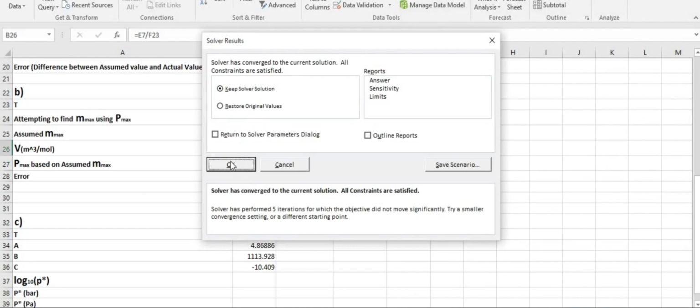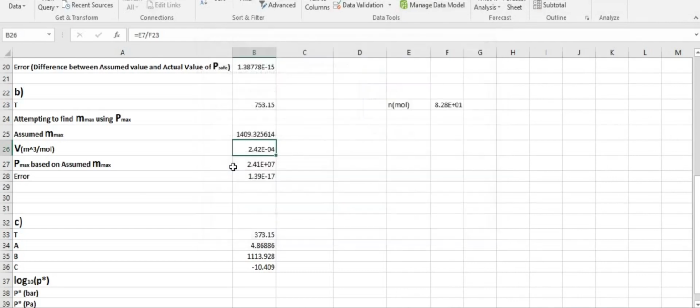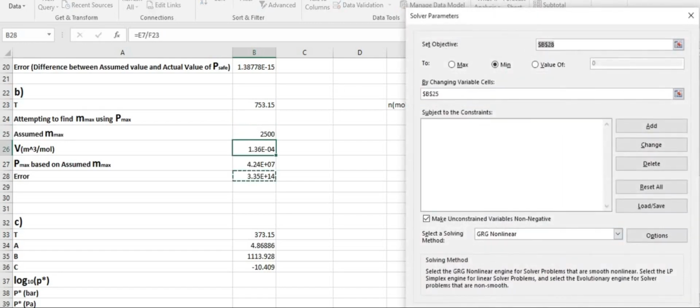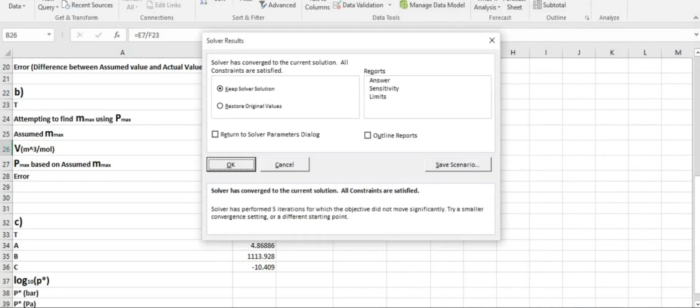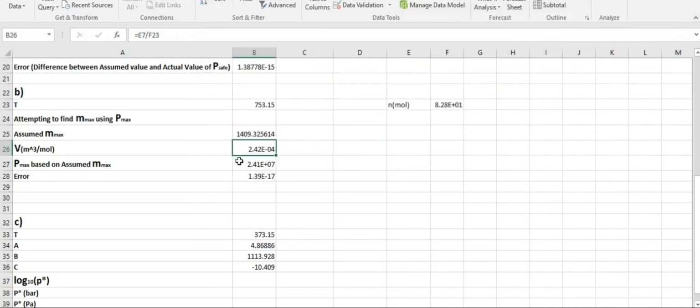Interestingly, solver gets a value that's computed for you. To verify your answer, you can check another value of assumed mass, and if it gives you the same value, you'll know that you are actually on the right track. So if you change this to 2,500 and you enter, you still follow the same path. It still gives you the value of 1,409, which is the same as 1.4 kilograms.